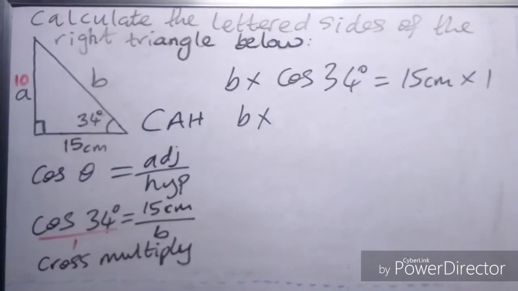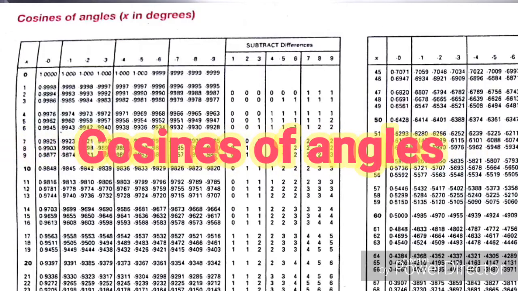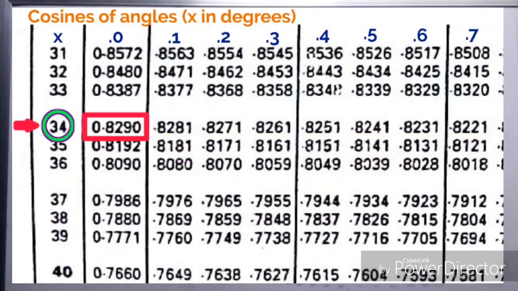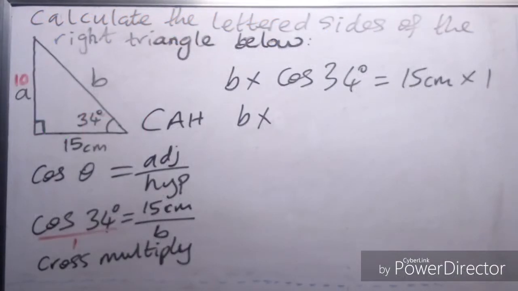We'll get that by going to our four-figure table, looking under the column marked X, tracing it down to 34, and stepping to the right to the column marked 0.0. When we do that, we can see that the value of cos 34 degrees is 0.8290.